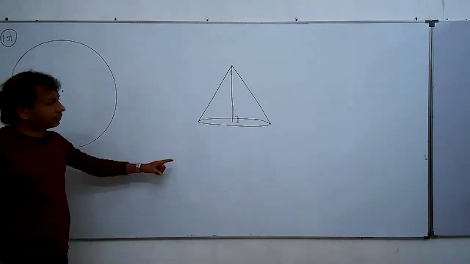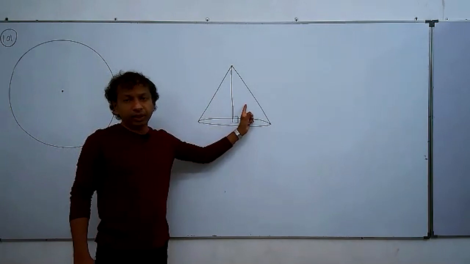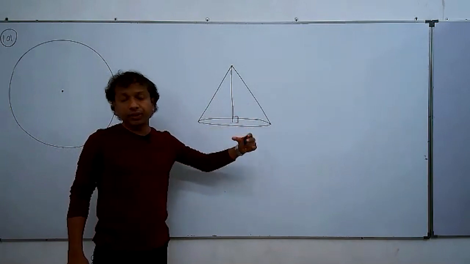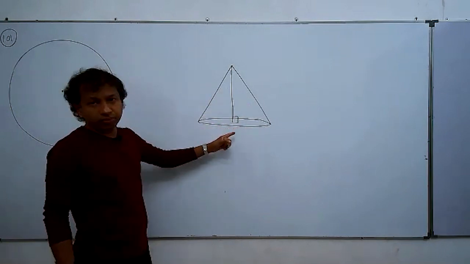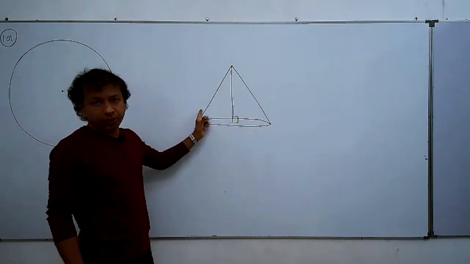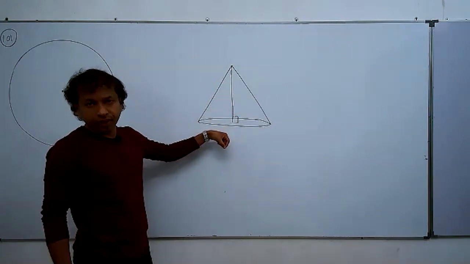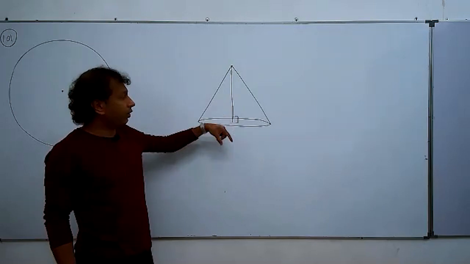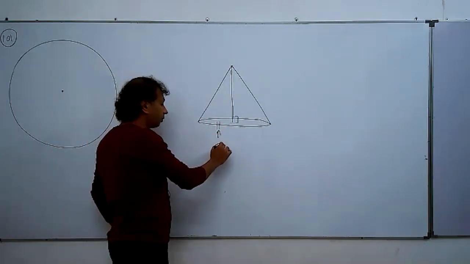Suppose this kind of cone is formed with a particular stretchable material, like a balloon, the material with which a balloon is formed. We form it like this so that we can inflate it, pump air into it.